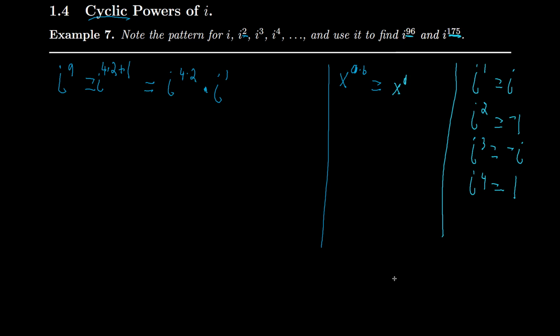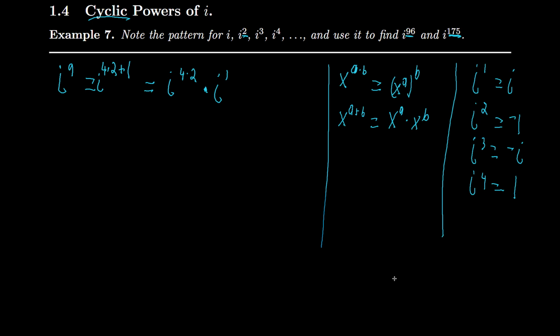Power to a power, you multiply powers. You probably learned these the other way around. We're using this to break it apart. x to the a plus b is x to the a times x to the b. You learned it when you multiply like bases, you add exponents. Well, when you add exponents, you can also multiply like bases. That's the 2 big rules that we're using here.